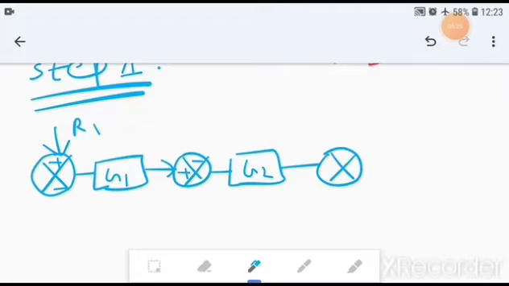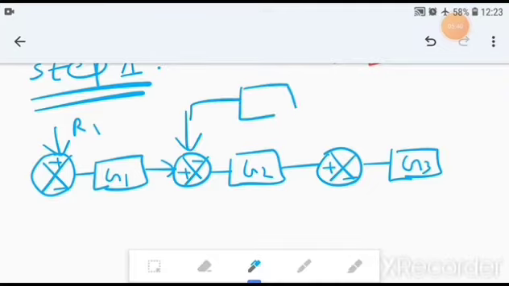Summing point 4 has vanished, and summing point 3 is present. Here we have G3, and since we have shifted the takeoff point beyond G3, we have H3 here, which is connected to summing point 2.